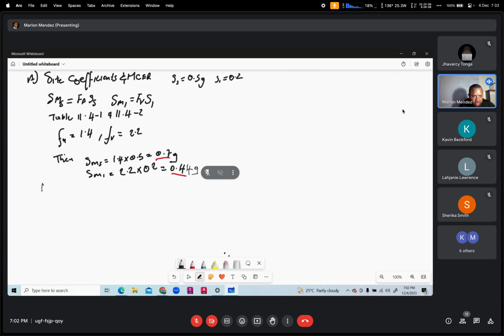I call this B. So the design spectral acceleration parameters.